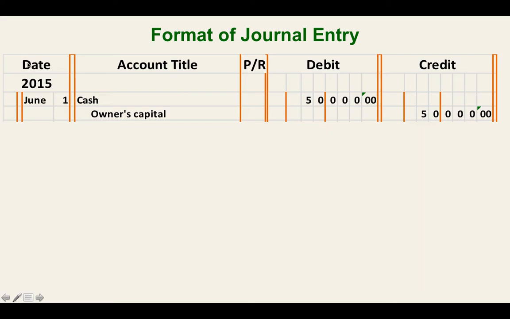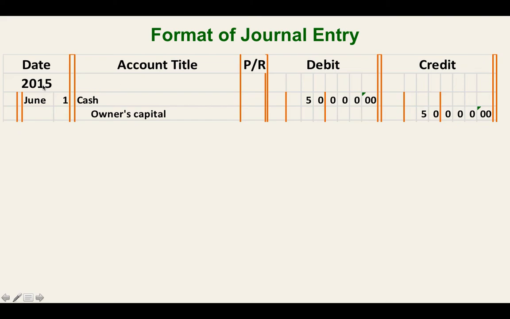The titles are date, account title, PR, debit, and credit. PR means post reference. We will not be using this at this time, but you will learn this from your basic accounting. PR can also be called folio. Okay, this is how we do the journal entry.